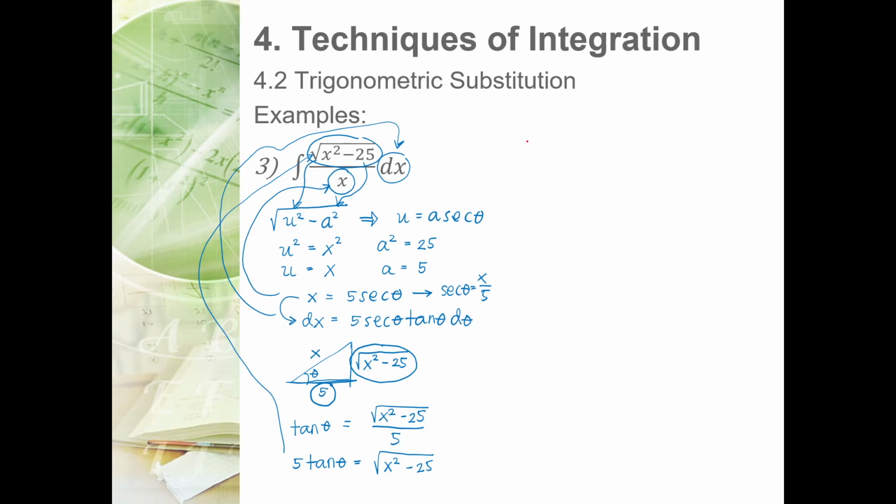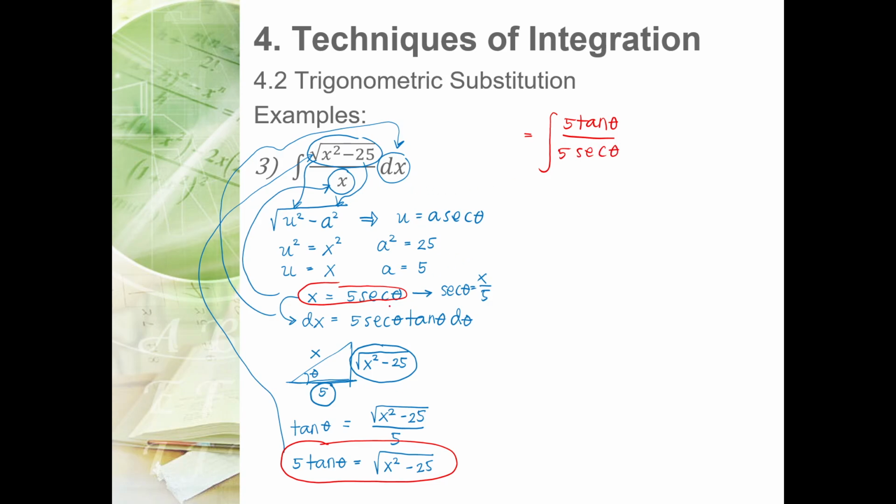Alright, so starting off with the square root term. Again, that's 5 tangent theta, all over the x function, which is this one here, 5 secant theta.